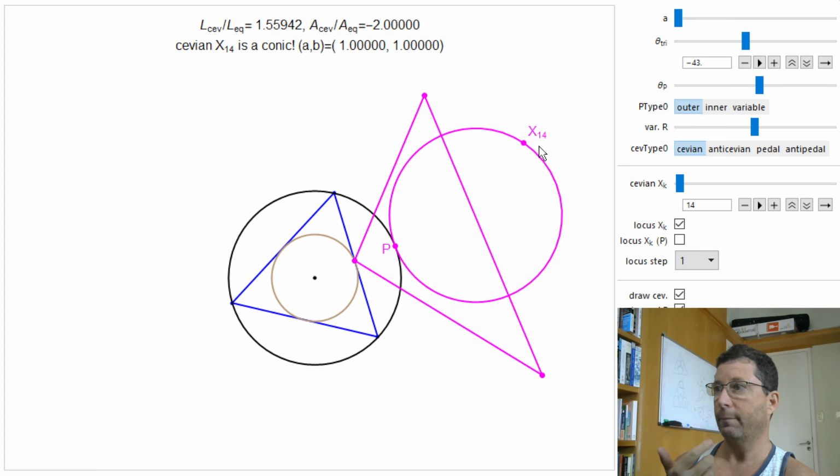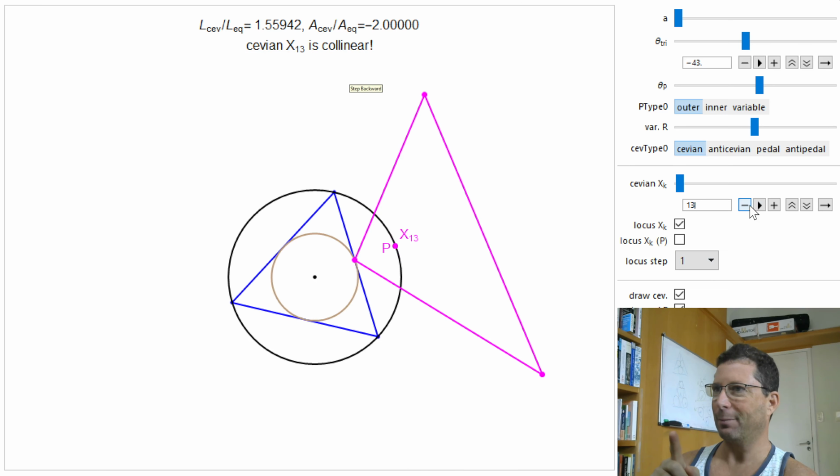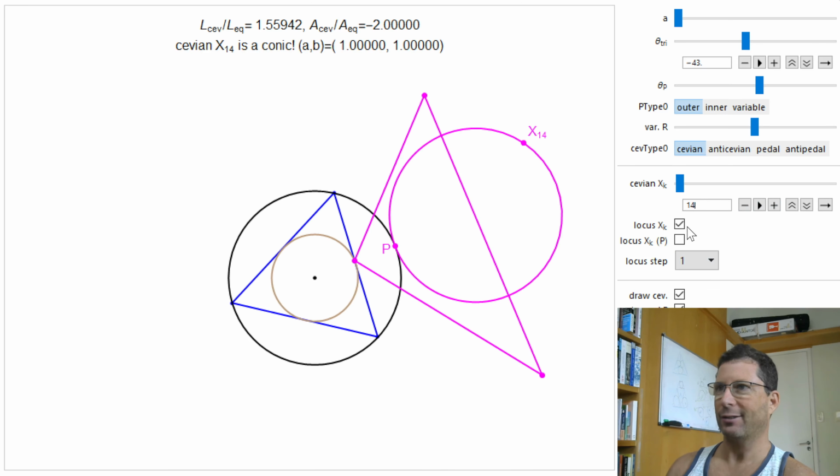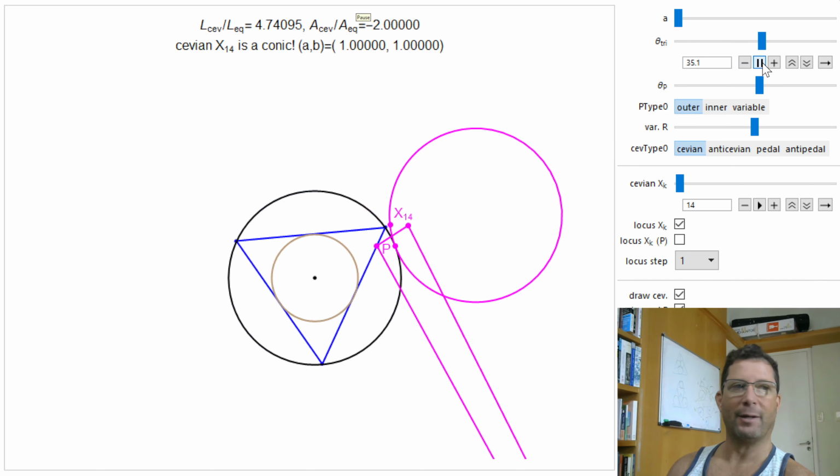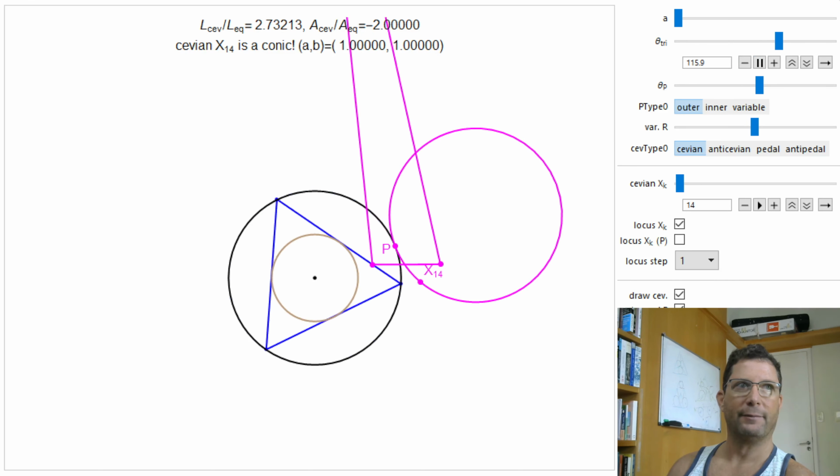This is also a circle. X13 was a point, X14 is a circle, and its radius is identical to that of my equilateral circumcircles. So here's the family of X14. Quite nice.